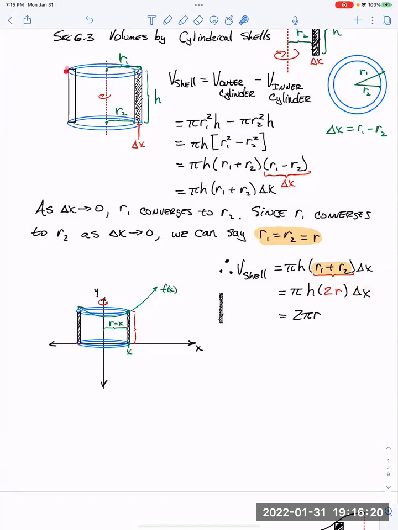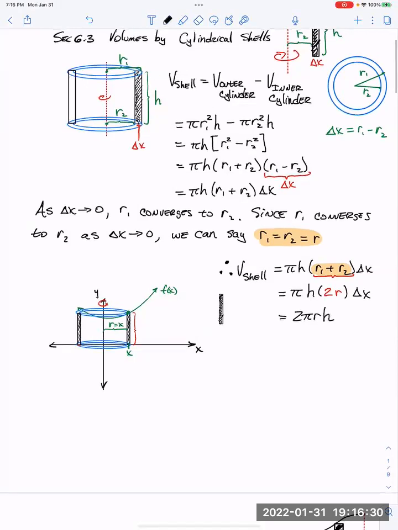So we can think of the volume of the shell as the circumference of the top of the shell, the shell has a height, which is h, and then the thickness to give it its volume is delta x.